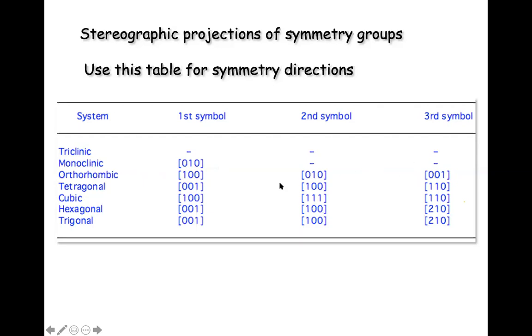When you say 2, 2, 2, that is a two-fold axis, another two-fold axis, another two-fold axis. Tetragonal is 0, 0, 1, then along this A direction, then the 1, 1, 0 direction. So it is direct type.